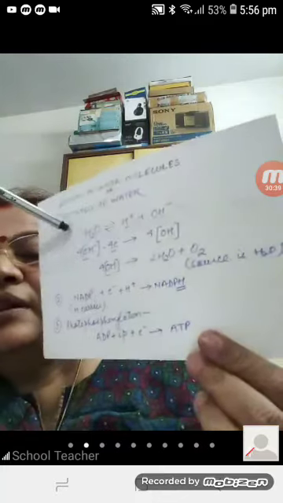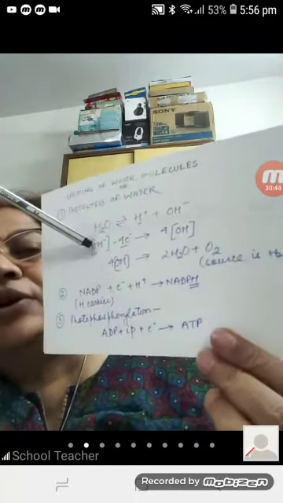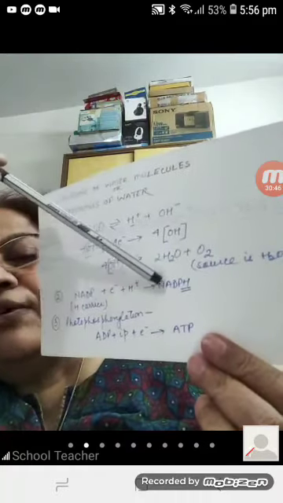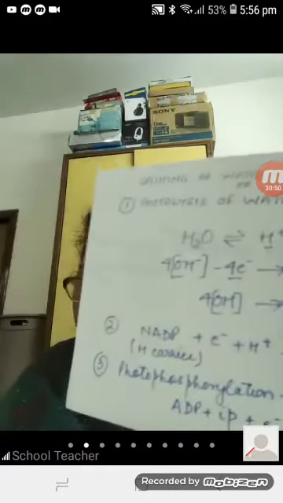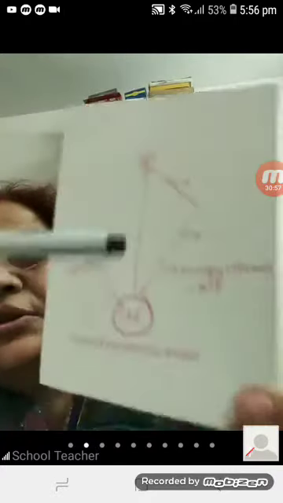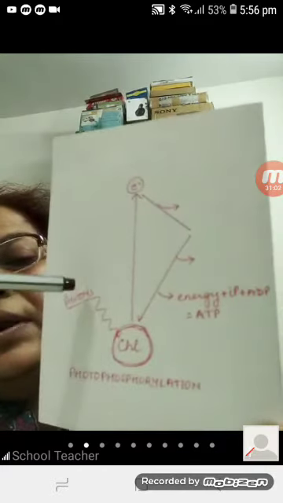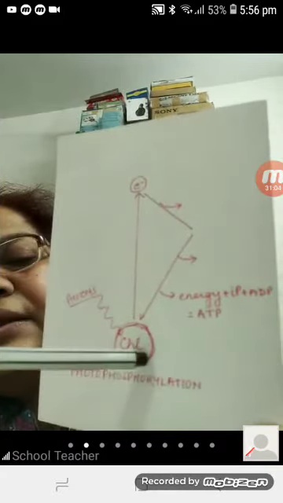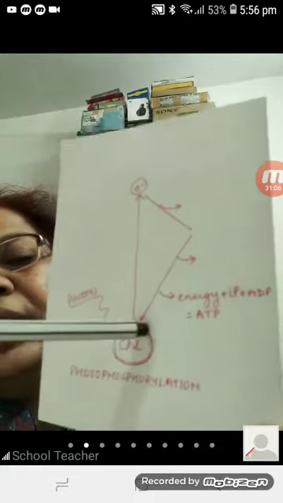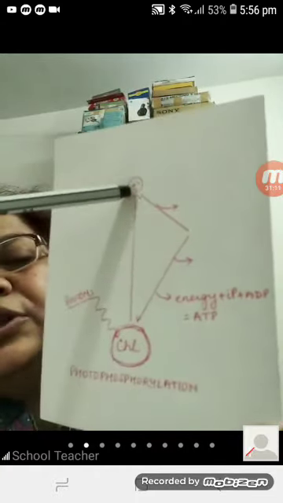So what are the steps of light reaction? Splitting of water molecule, formation of NADPH and ATP. I'm going to explain how photophosphorylation is done. This is a chlorophyll molecule. Now light energy hits it and an electron of the outermost orbit jumps to a higher energy level.